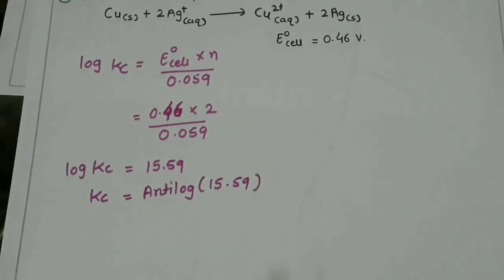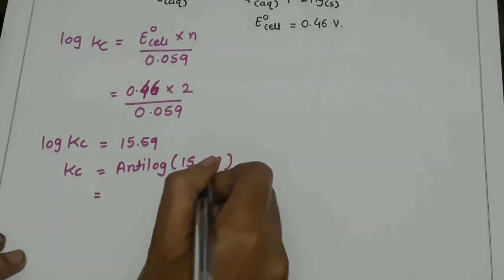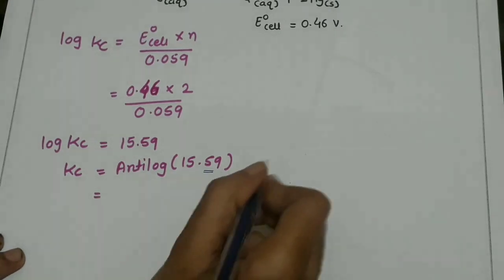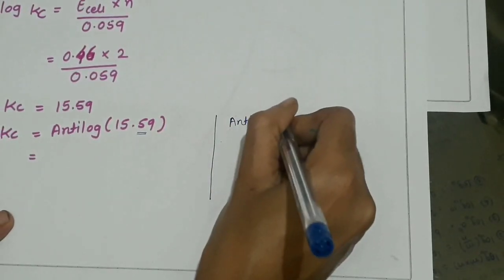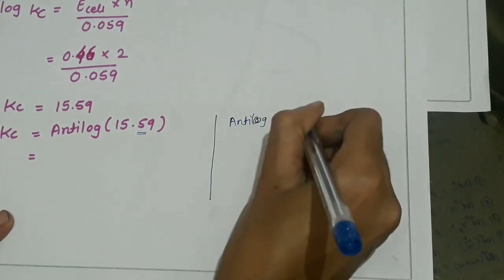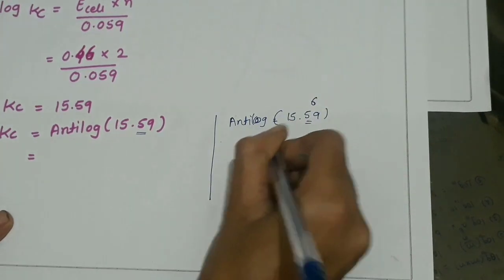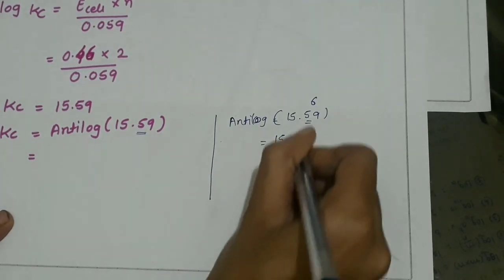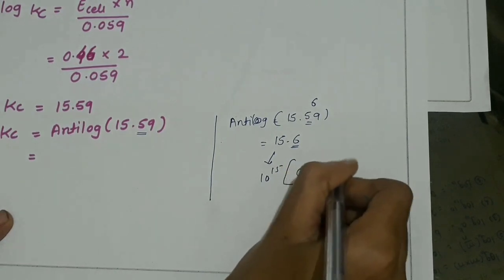To find the antilog, instead of 59 we will write directly 15.6. So the antilog of 15.6 is 10 raised to 15, and this 0.6 we will split into 0.3 plus 0.3.